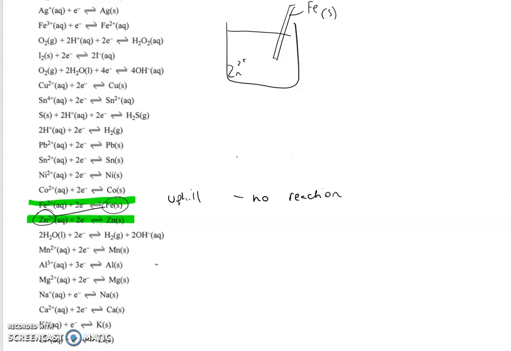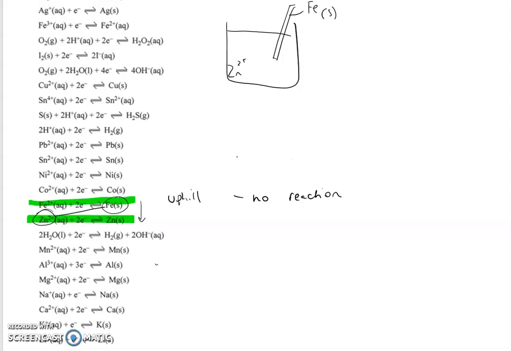The zinc is not going to want to go in this direction because it's a stronger reductant than the iron metal here. It would much rather undergo oxidation, so it's not going to want to go this direction and undergo reduction.